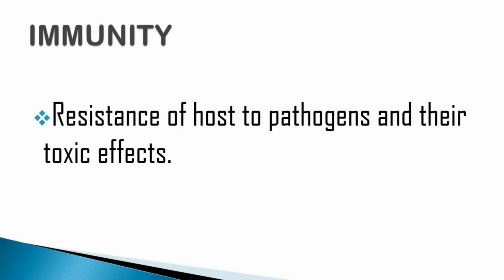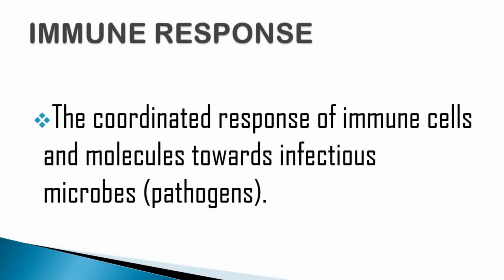Immunity simply refers to the resistance of the host to pathogens and their toxic effects. So all the toxic effects that pathogens cause to the body, the cells causing resistance to that is what we call immunity.